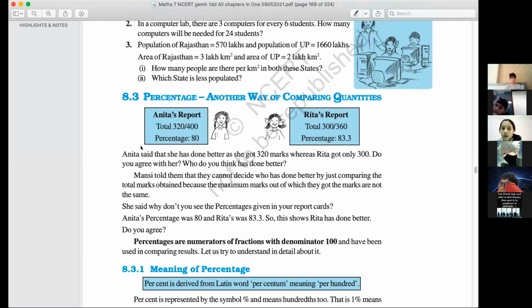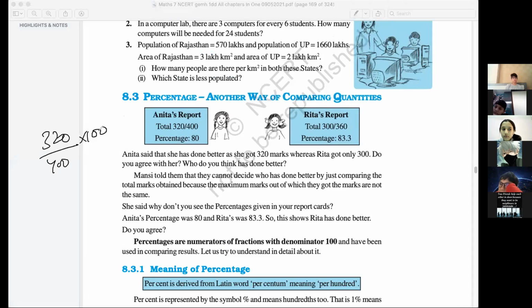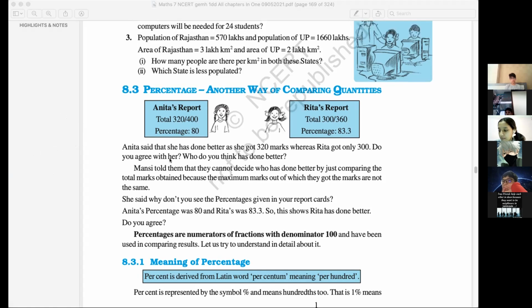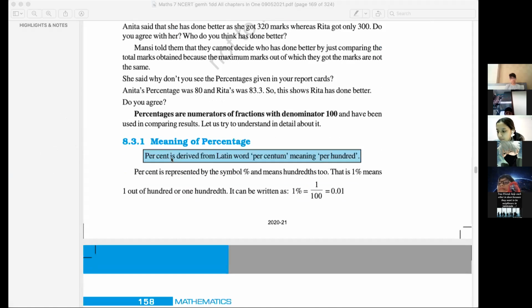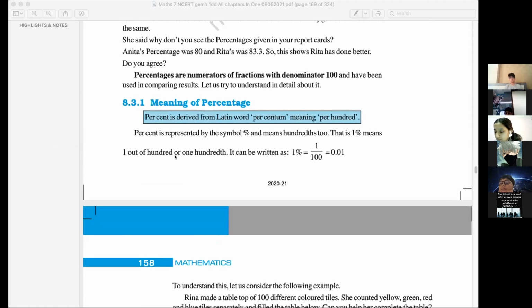If you make the denominator 100, so 320 upon 400, just multiply it by 100 and you'll get the answer. It is 80%. So anything to be converted into percentage, you need to multiply by 100. It can be decimal, it can be fraction. Anything you want to convert into percentage, multiply it by 100 and put a percent sign.